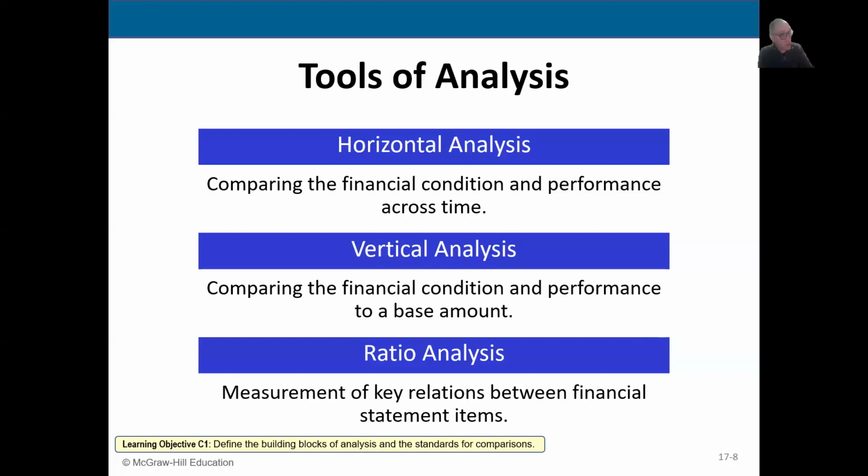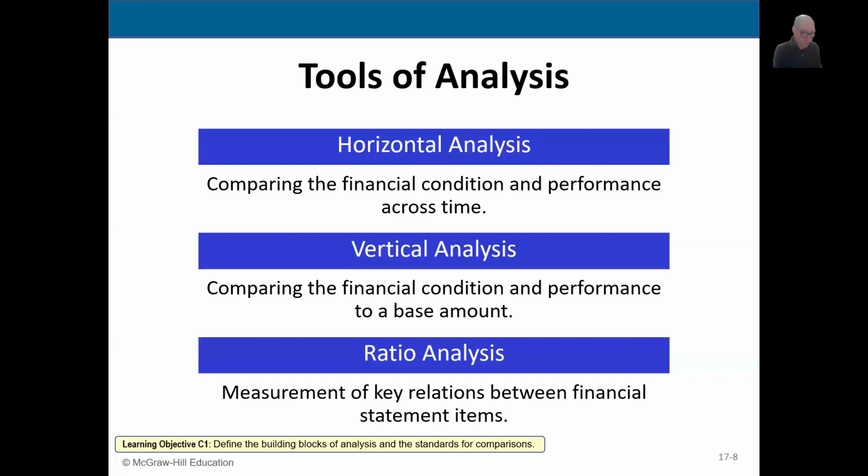I can compare that to 2021's performance. What it does is it shows me trend. It shows me the difference between those two years. I do it for 3 years. Heck, I could even do it for 5 years. It helps to show me the trend across time. I'm looking at year-to-year performance and comparing that performance. So that's horizontal analysis.